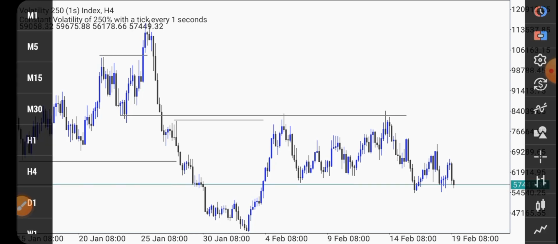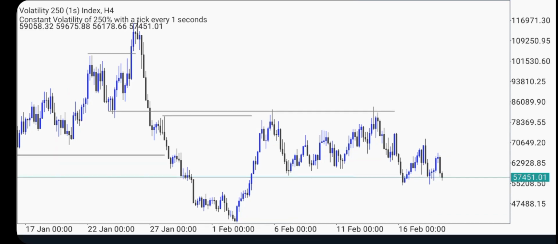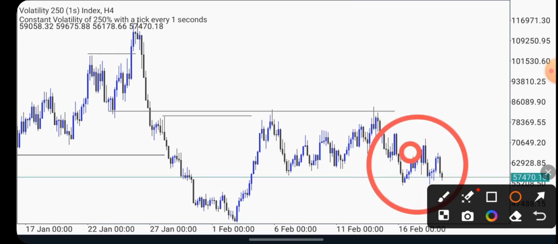For now we know what is happening in the market, and somewhere around here the market is actually going down. You can see.